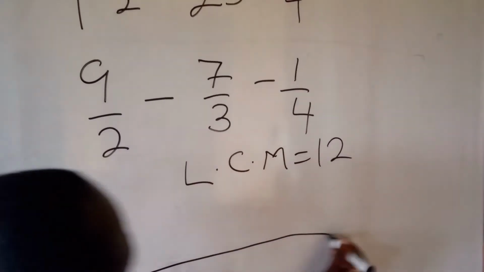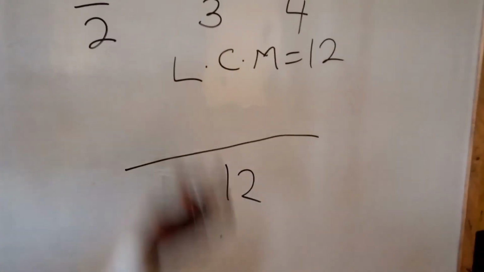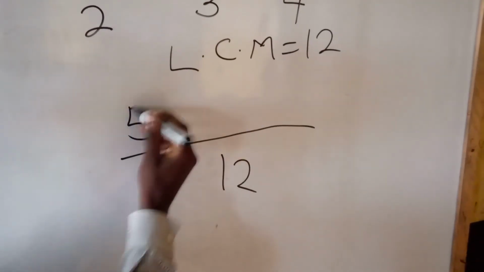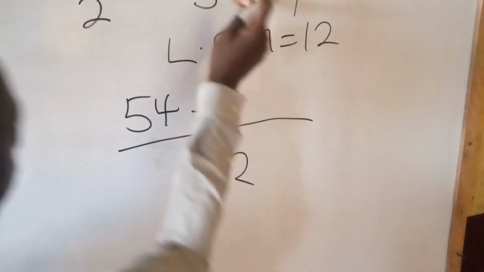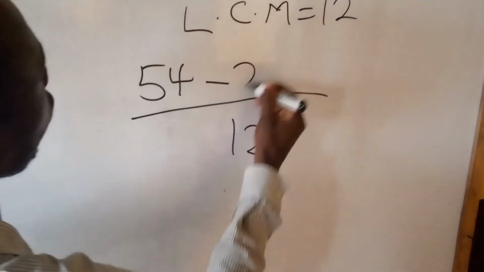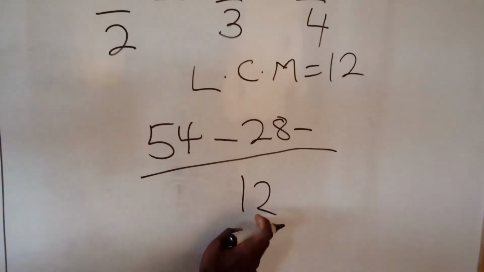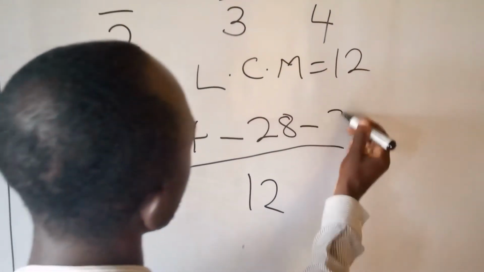So 12. 2 goes into 12, how many? 6. 6 times 9, 54. Minus, 3 goes into 12, how many? 4. 4 times 7, 28. Minus, 4 goes into 12, 3. 3 by 1 is 3.